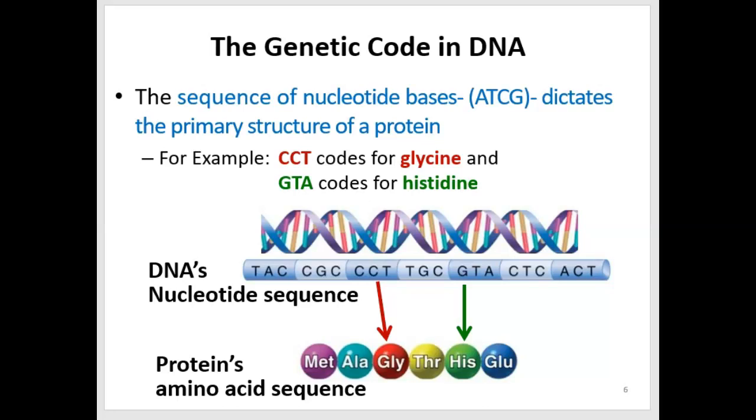For example, CCT codes for the amino acid glycine, and GTA codes for the amino acid histidine. In this manner, the particular order of nucleotide bases in DNA determines the primary structure of a protein. A chain of particular amino acids determines this primary structure.